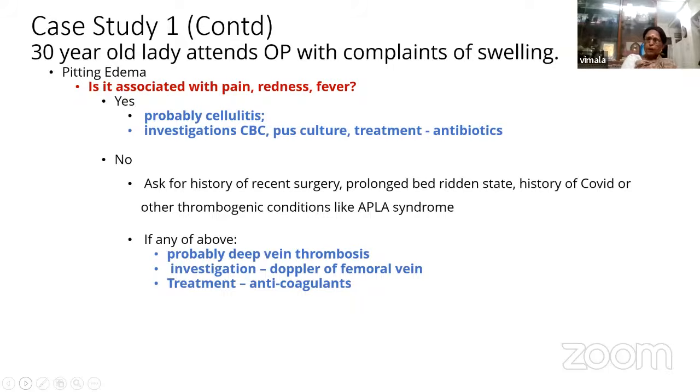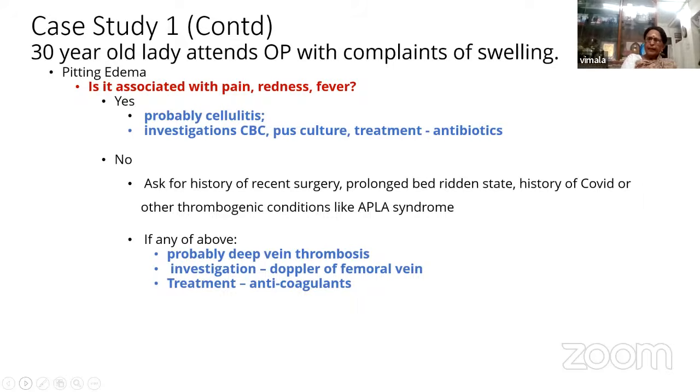Somebody tried to elicit the Homans sign. You know, the sign for thrombosis is passive dorsiflexion of the foot. If the patient develops pain in the calf muscles, the Homans sign is positive. That is suggestive of deep vein thrombosis. When we did house surgeoncy, there was no ultrasound, there was no Doppler. We used to rely only on physical signs.